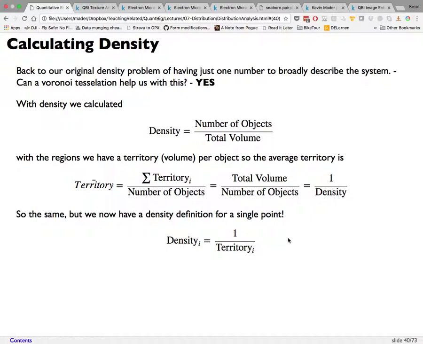Which, if you look at a very simple example, is quite straightforward. If you have an object here for some reason that has a territory of 0, and you have other objects that don't have a territory of 0, then if you were to calculate the mean density based on territory, you would have one object that has an infinite density because its territory is 0, and a number of other objects that don't have an infinite density.